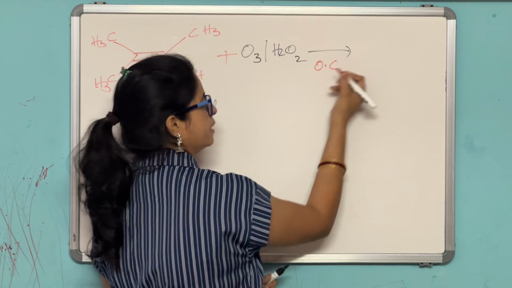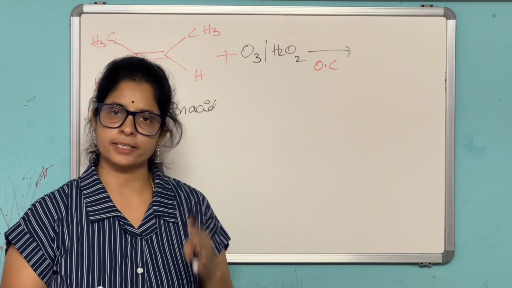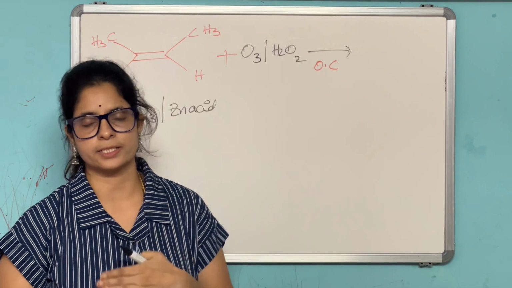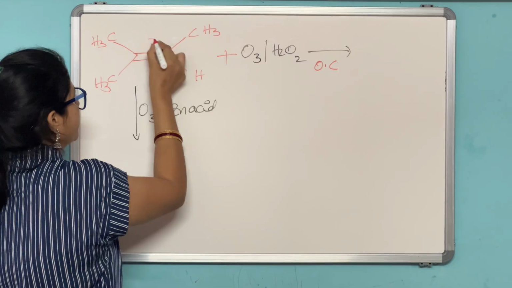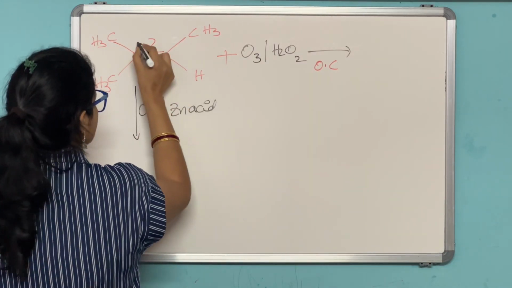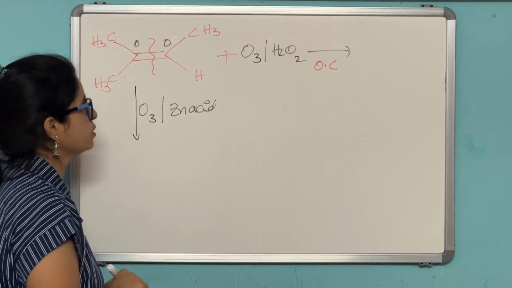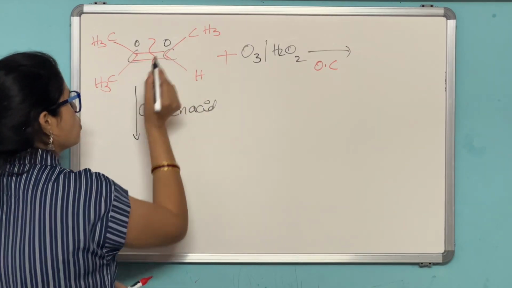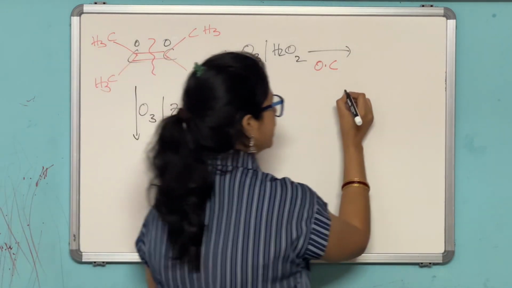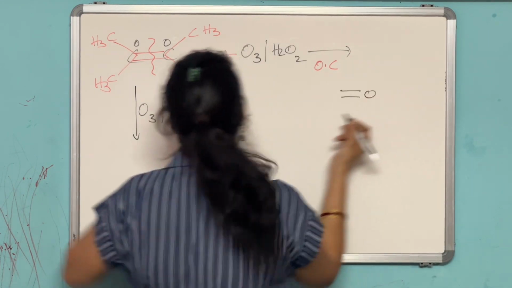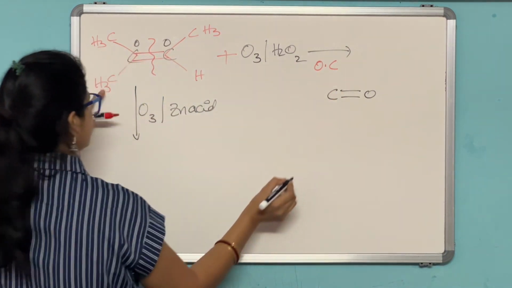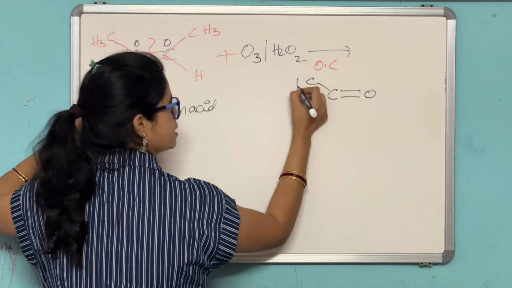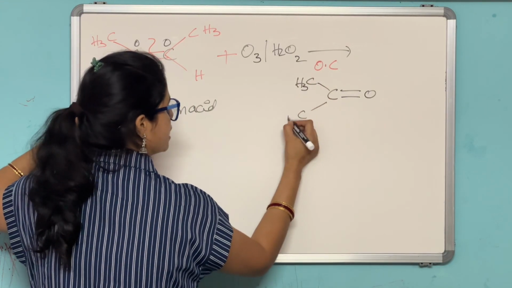Under the oxidative cleavage you will get aldehydes and ketones, and aldehydes are further oxidized to acids. So here you break this double bond, one oxygen to this carbon, another oxygen to this carbon. So you will get C double bond O, C double bond O, CH3, CH3.